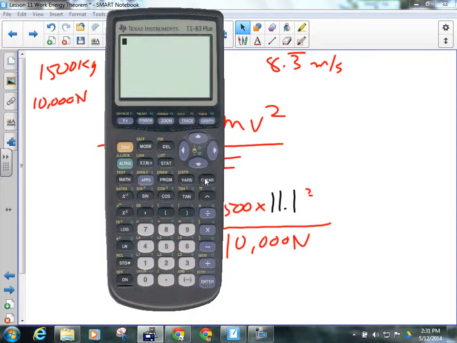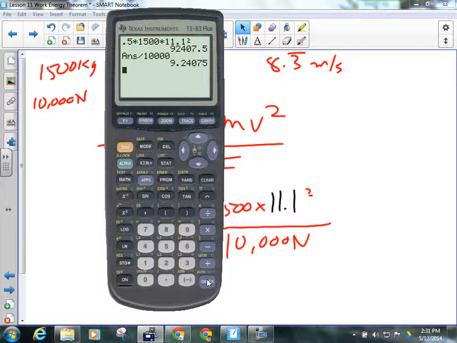Okay, so 0.5 times 1500 times 11.1 squared. $9.2. It's almost double. You're only going 25% faster, but it's almost twice as far to stop because the relationship between energy and speed is exponential.